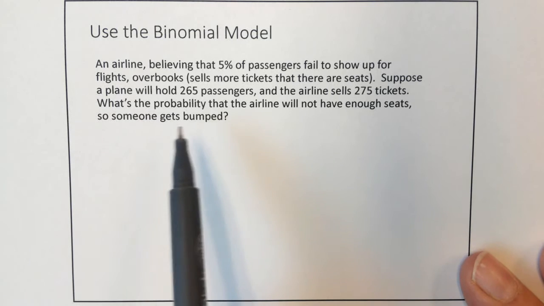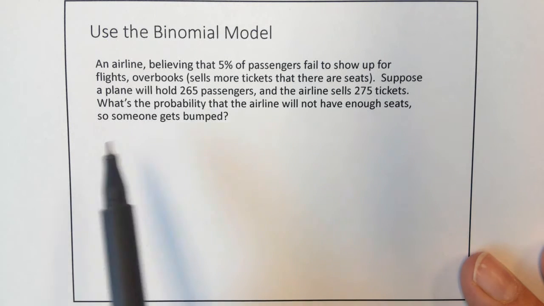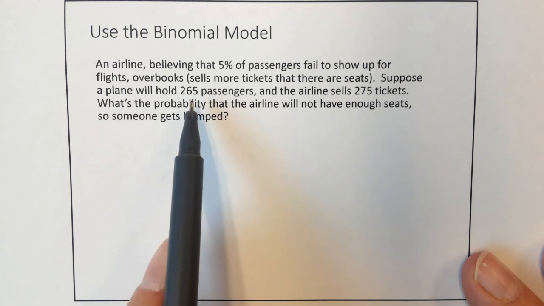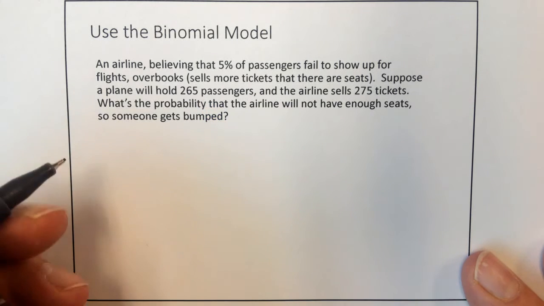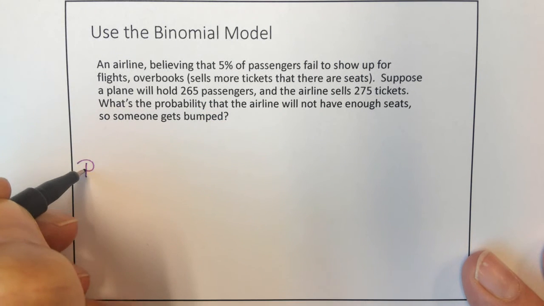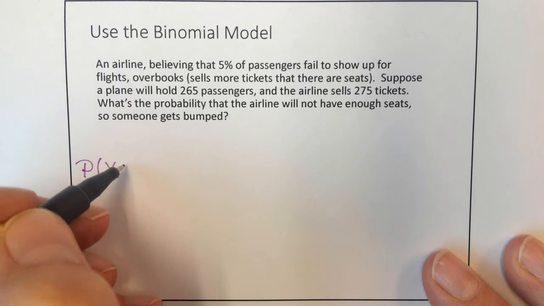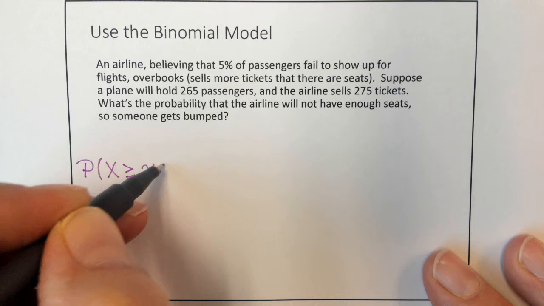What's the probability that the airline will not have enough seats, so that someone gets bumped? If more than 265 people show up with tickets, then somebody's going to get bumped. So what we really want to know is the probability that the number of people who show up for the flight is at least 266.